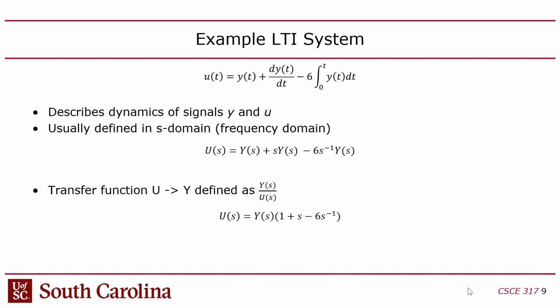You see that? So I just factored out y of s, and then of course you divide both sides by y of s, and you end up with the transfer function y of s over u of s is 1 over 1 plus s minus 6s to the minus first power. So that's your transfer function. That's starting with this and converting it down to this transfer function format. Make sense?